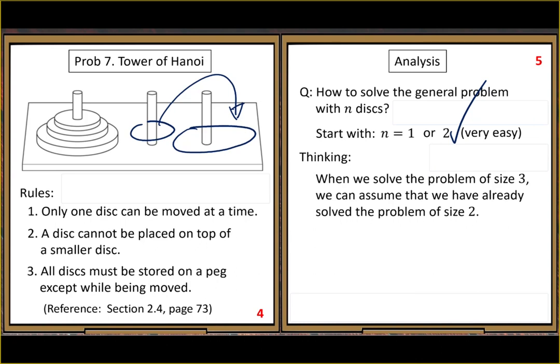When we work on n equals 3, we can assume that we have already solved the problem of size 2. We just did it. Whenever we need to move 2 disks, we have the solution for it. So we just apply our existing solution on it.